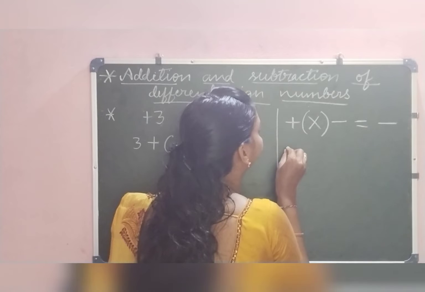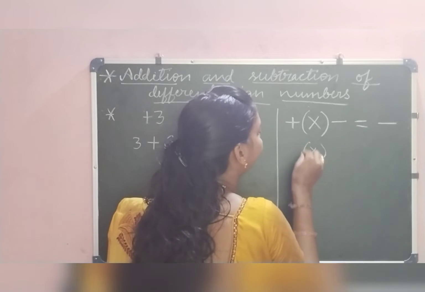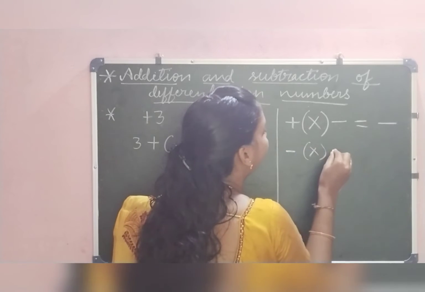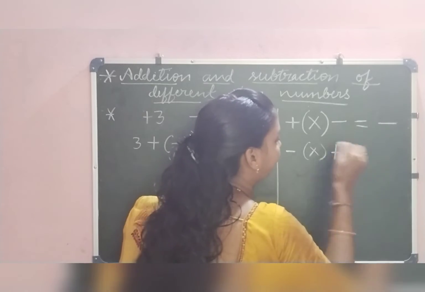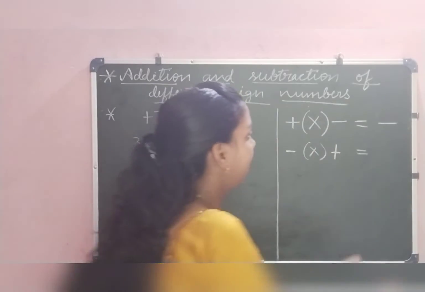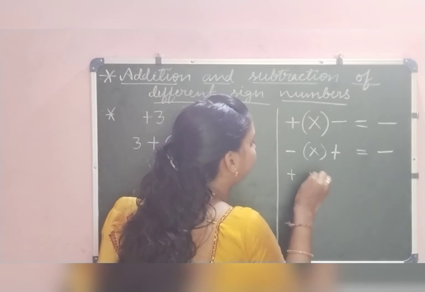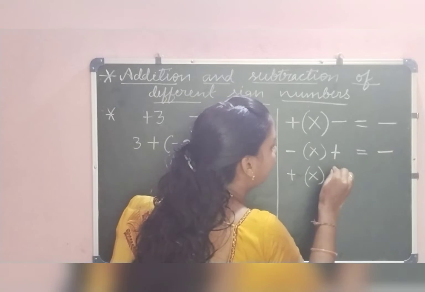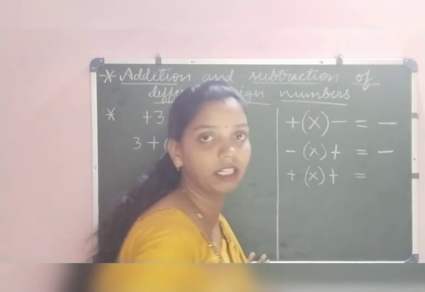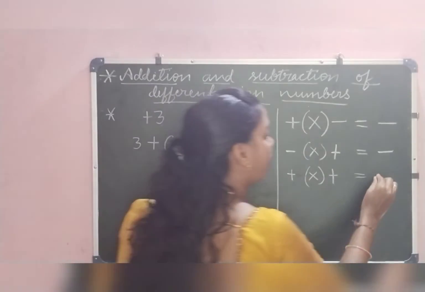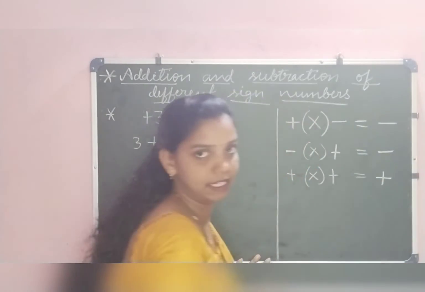If you multiply negative and positive, the same answer will be minus. And if you multiply plus and plus, both are the same sign, so the product will be plus.